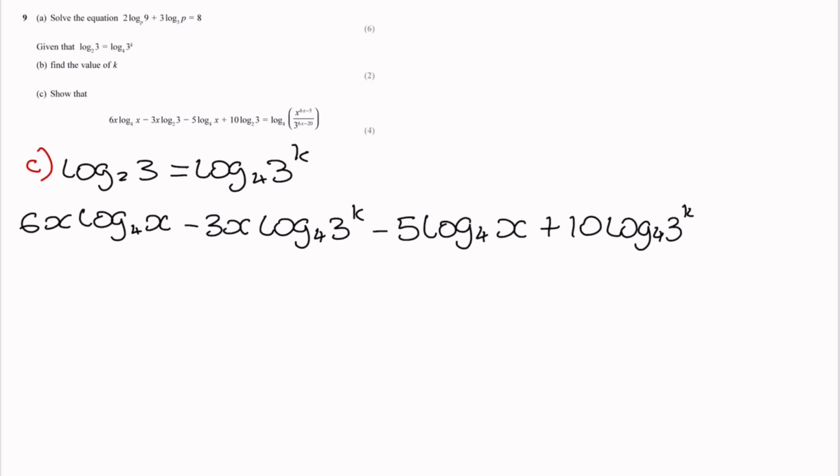And that's it. So now we're going to try and simplify this and get it to look like this. Now we have all in log to the base 4.